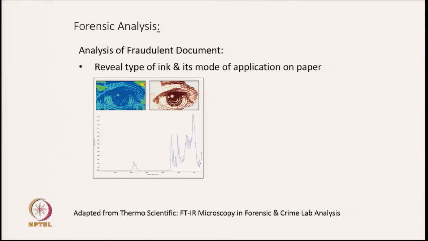So, in forensic analysis, a lot of the time you have to analyze fraud documents. For example, even fraud currency. Fraud currency has a different kind of ink or different kind of paper, but it looks quite the same if you compare it with the original currency.